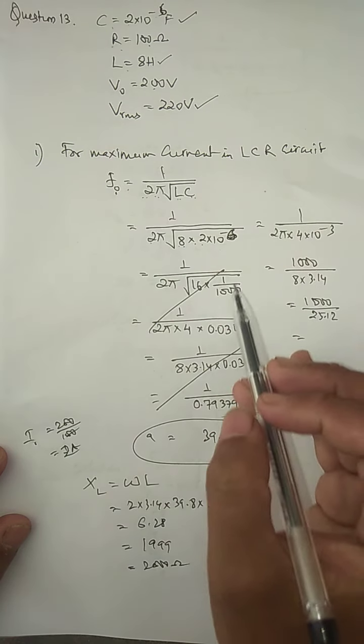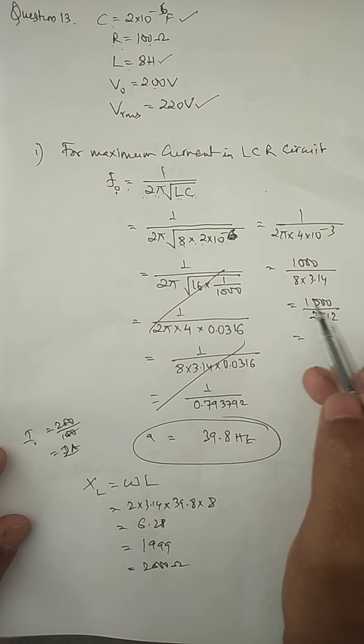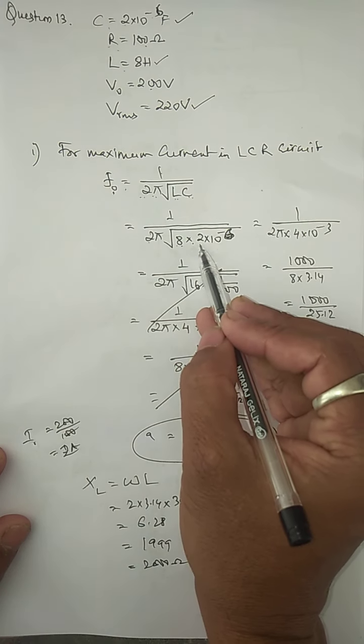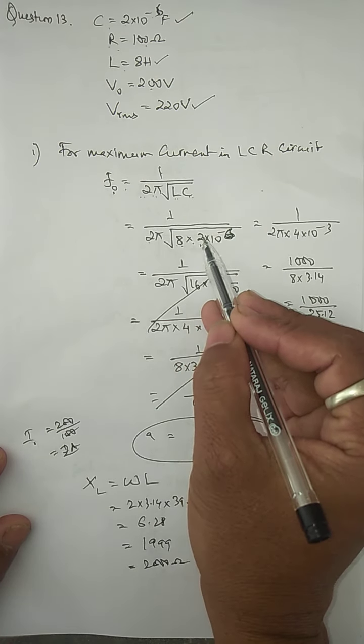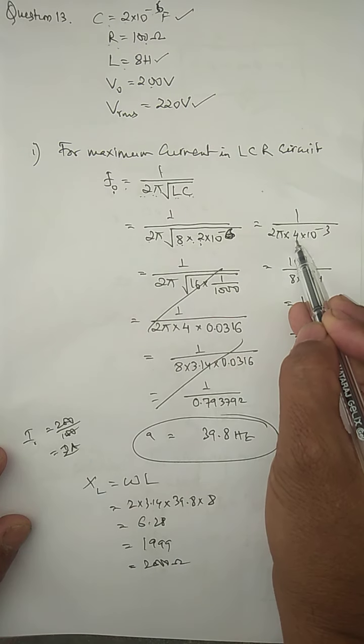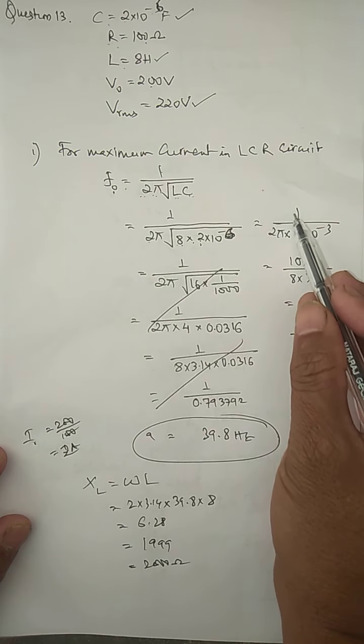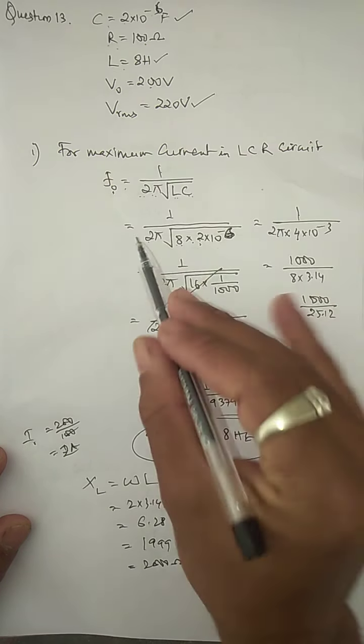Now we can simplify this further. 8 into 2 is 16 inside the square root, and the square root of 16 is 4, so I have taken it out of the square root. So 1 by 2 pi is already there, the square root of 16 is 4, and the square root of 10 to the minus 6 is 10 to the minus 3. Now this 10 to the minus 3, if I take it in the numerator, is 10 to the power 3, which means 1000.